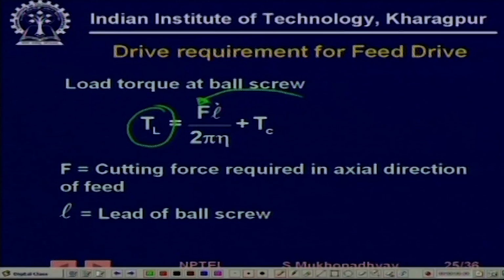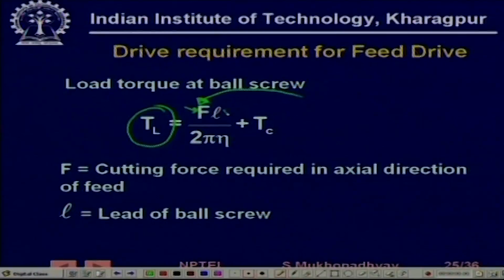In the case of turning, the feed drive is moving the tool, right. The job is rotating at one position and the tool is moving from one side to another. So, the force is being created on the tip of the tool and the tool is being driven from a screw.